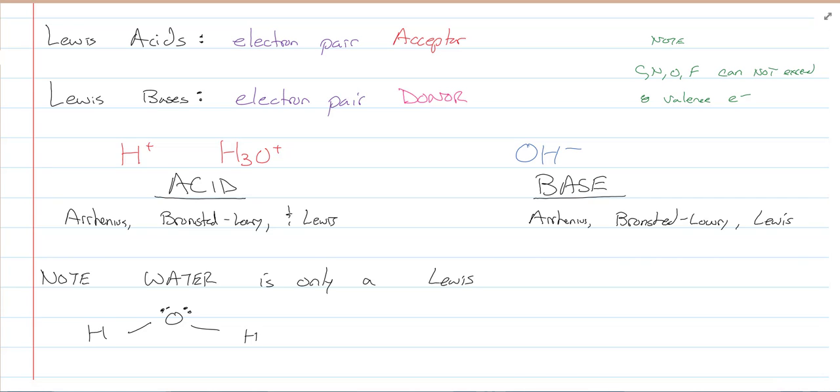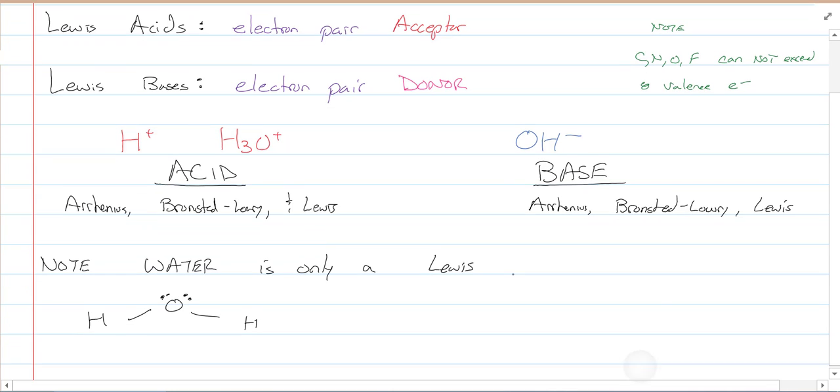Water has 8 valence electrons, and it can't gain any more. So water cannot accept a lone pair. Hydrogen is not going to accept a lone pair. It has its duet. So water cannot be a Lewis acid. Water, however, can donate one of the lone pairs to something else, make a coordinate covalent bond, so to speak. So water is only a Lewis base.